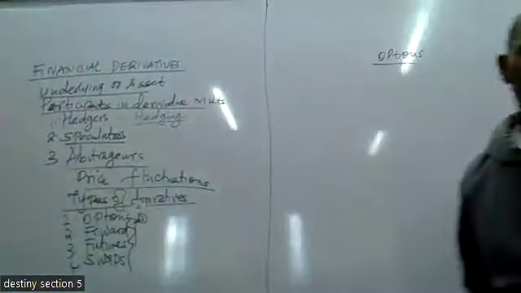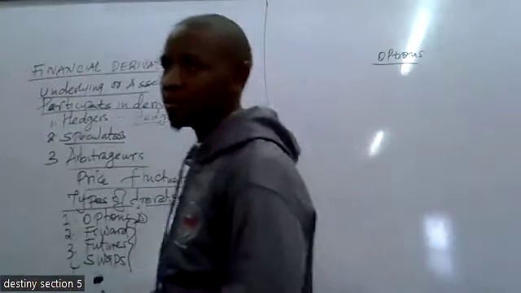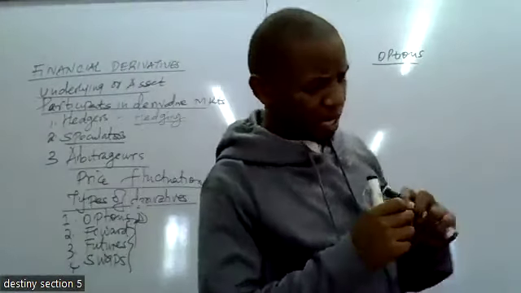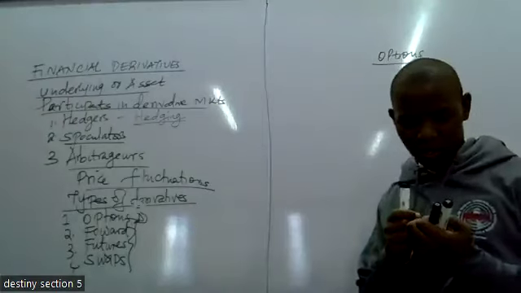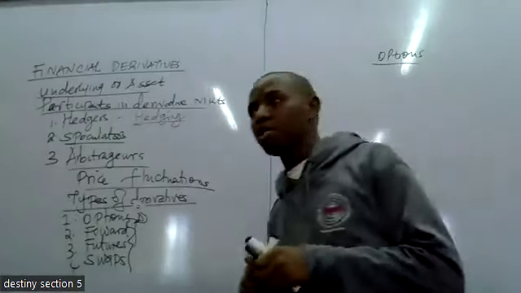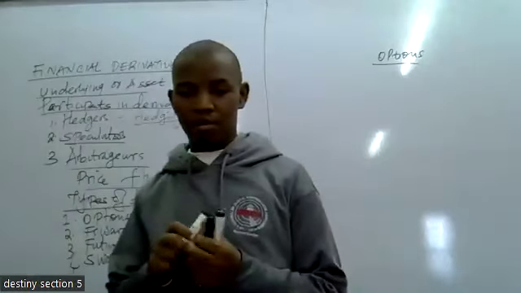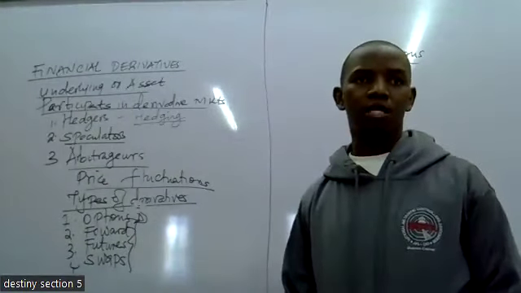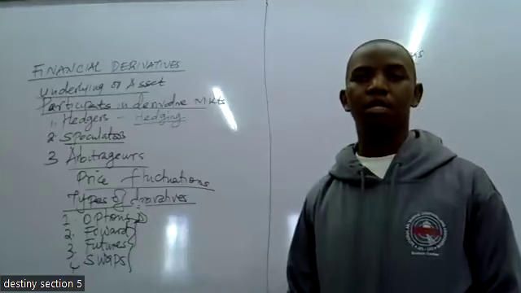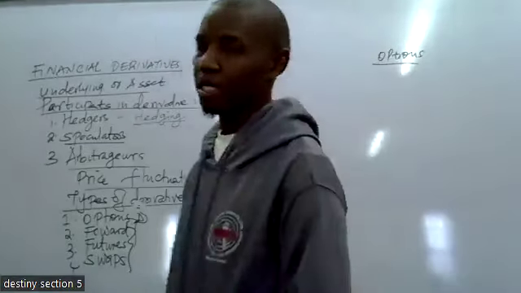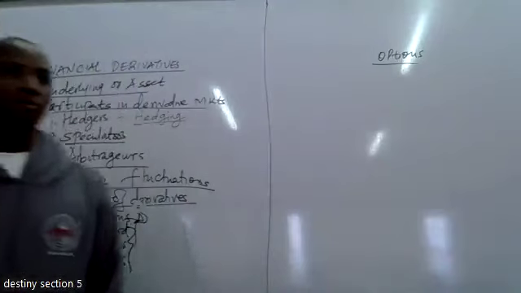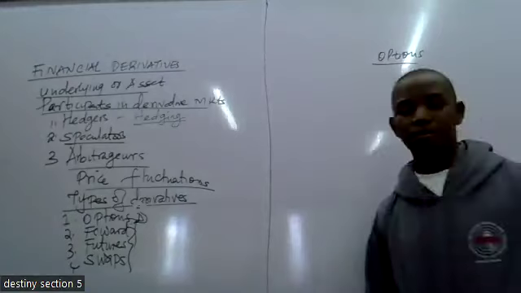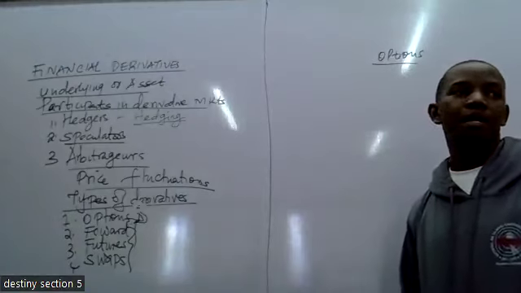You can begin by saying that an option is a contract which gives the buyer or the seller the right, but not the obligation, to buy or sell securities at a specified future date at a predetermined price.